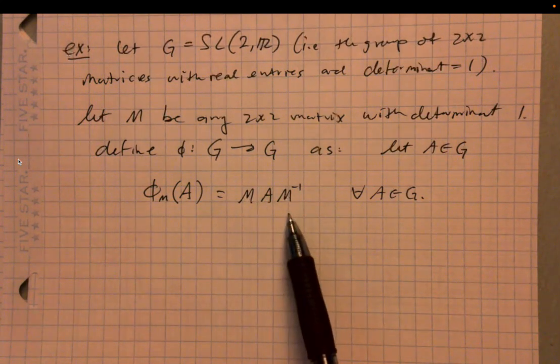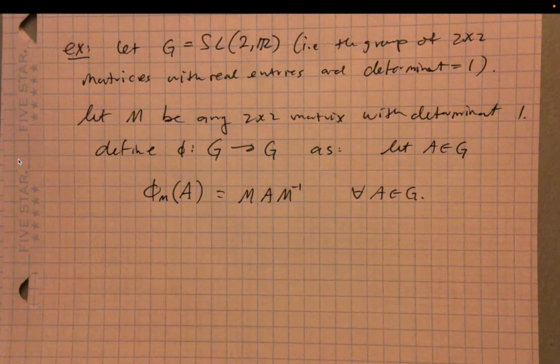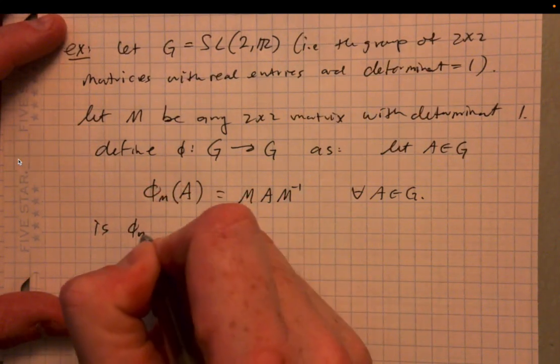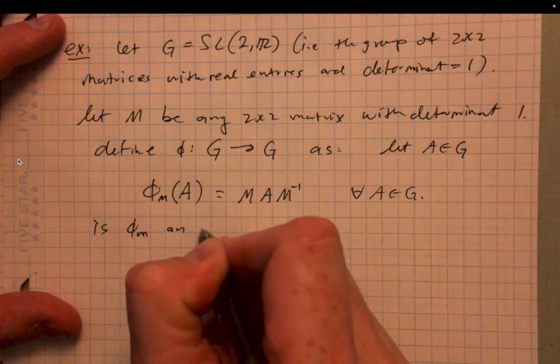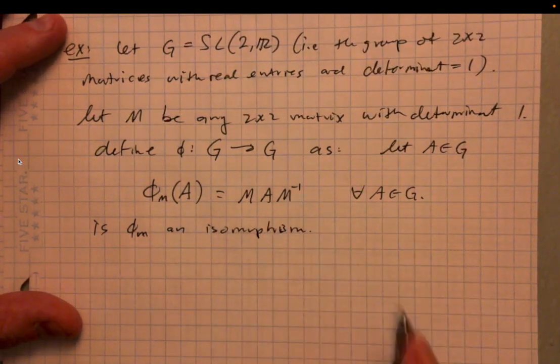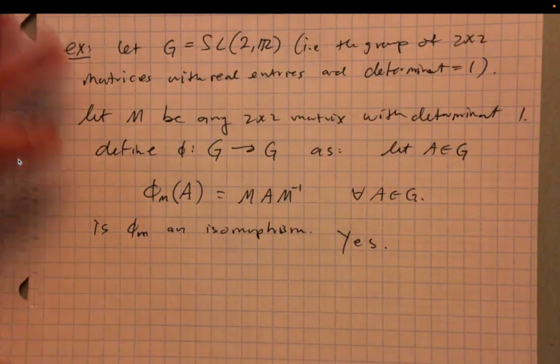M is obviously invertible if it has a determinant of 1. Now the question is, is phi of M an isomorphism? The answer is yes, and let's see why.